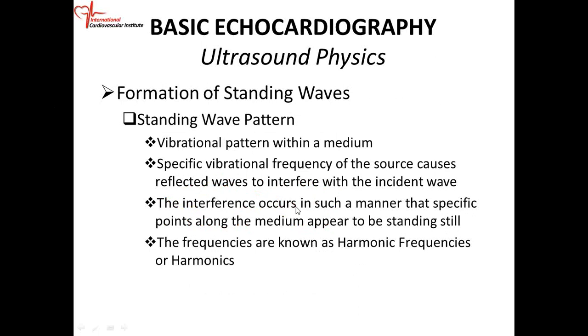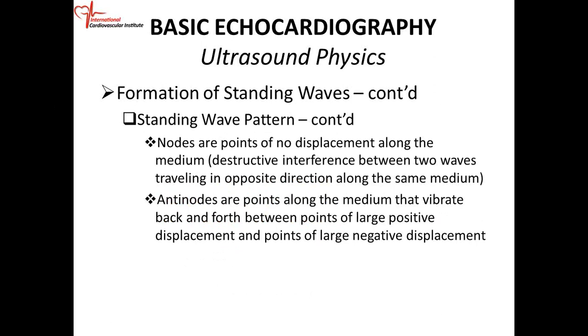The interference occurs in such a manner that specific points along the medium appear to be standing still. These frequencies are known as the harmonic frequencies. It is the frequency that produces this pattern, and you can have first harmonic, second harmonic, third harmonic, and so forth.